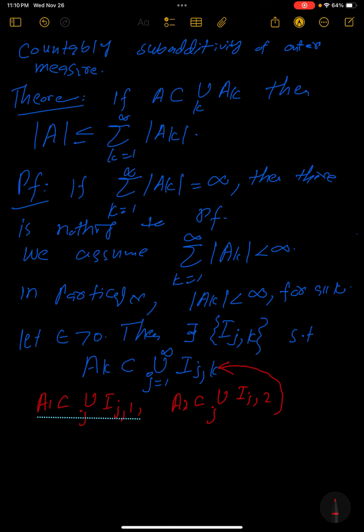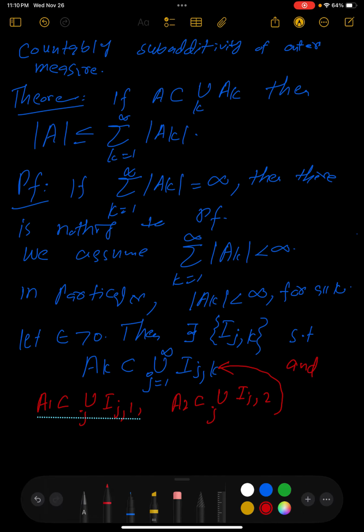So in general we say that Ak is covered by the union over j equal to 1 up to infinity of Ijk.